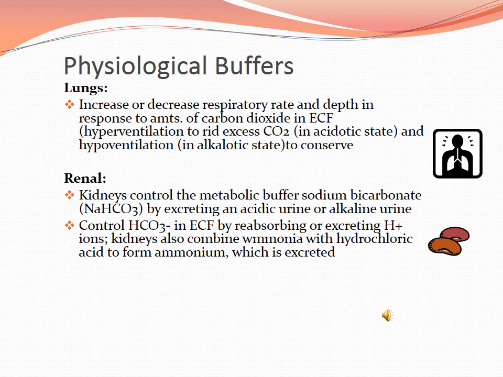Renal, what will happen is if, for example, there's an excessive amount or too little amount, it will either help by excreting the amount of bicarb or help retain it.